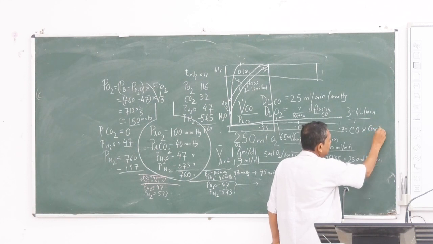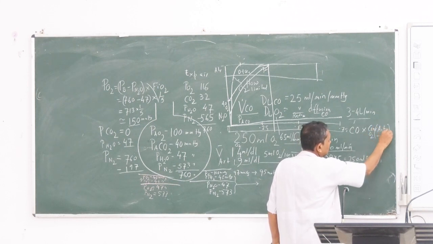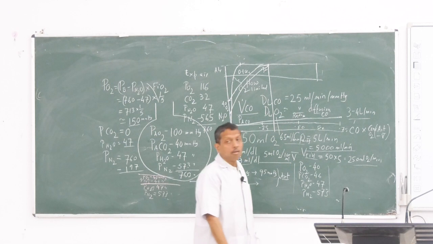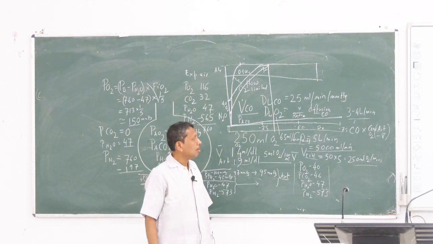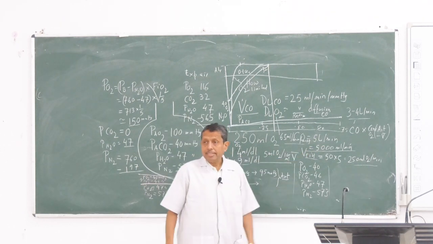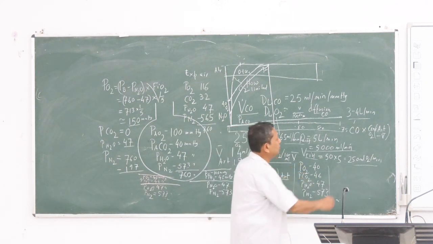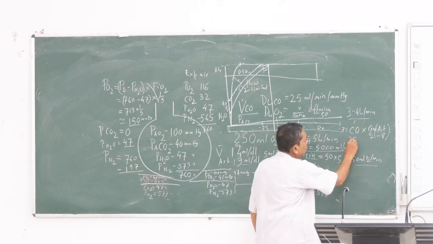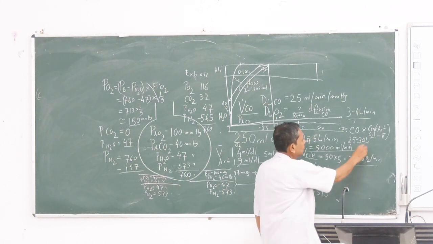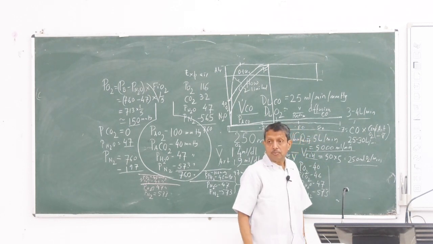The concentration in the arterial blood minus mixed venous blood. Suppose cardiac output normally is 5 liter. Suppose it increases 5 times, or 25 to 30 liter per minute. So per liter you can consider what should be the value.